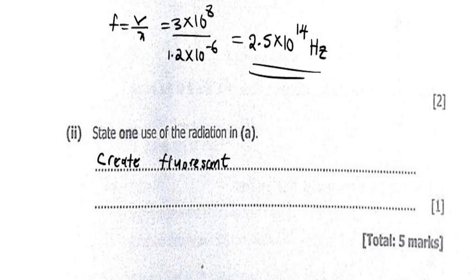That's one use of that. Now there are many uses that you can put, such as in phototherapy and also in killing bacteria, but you can just go for one. Only one was needed.